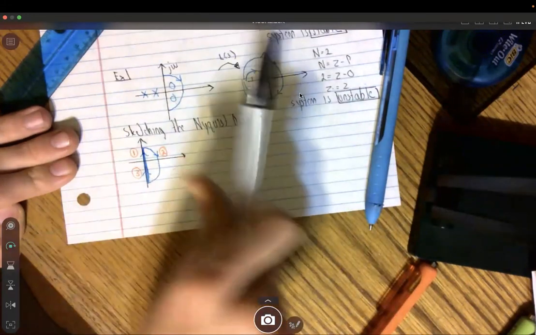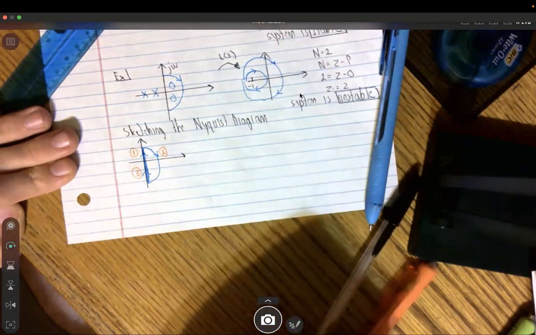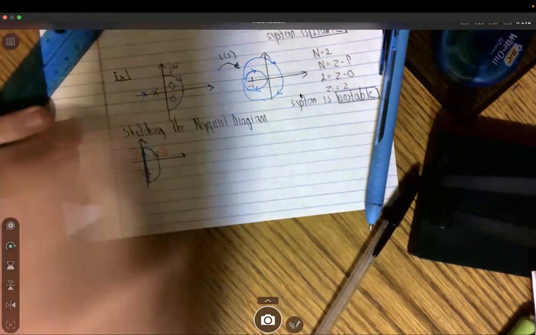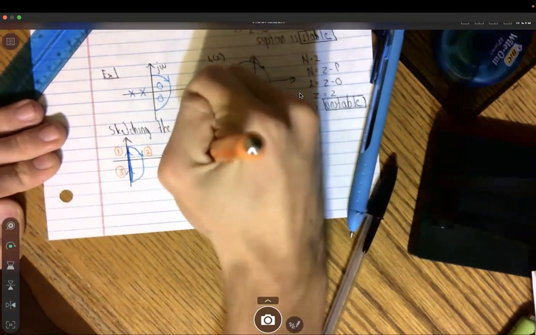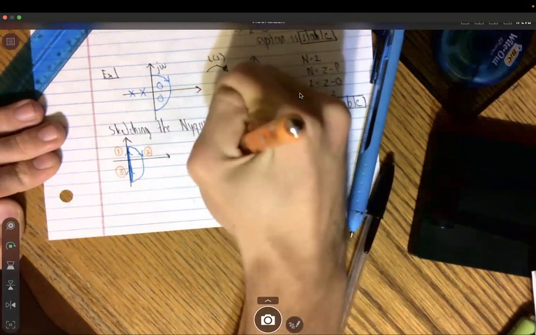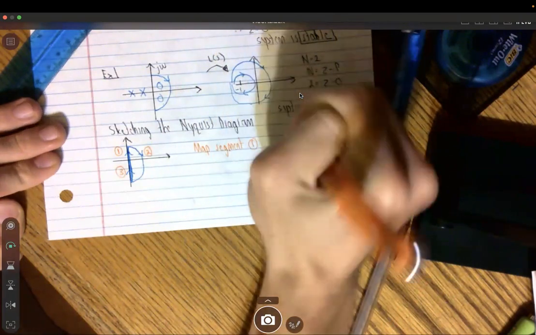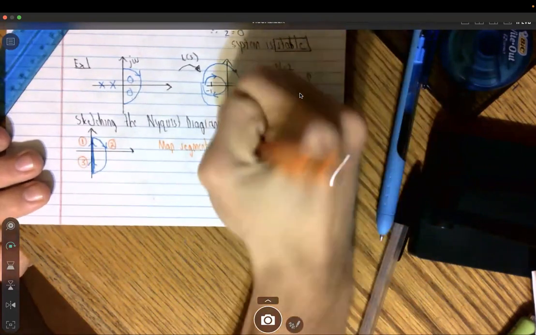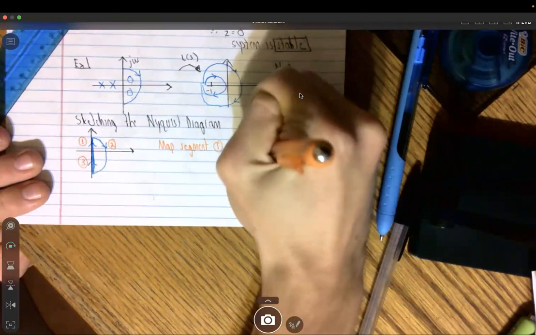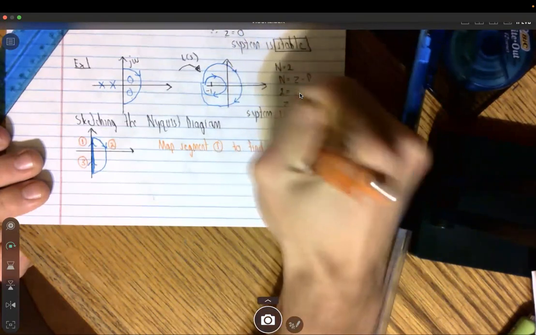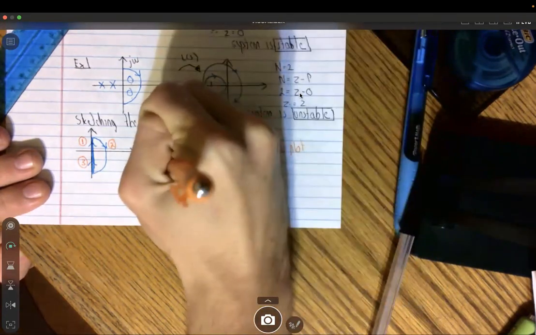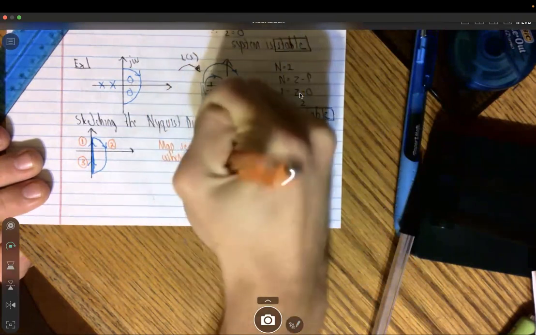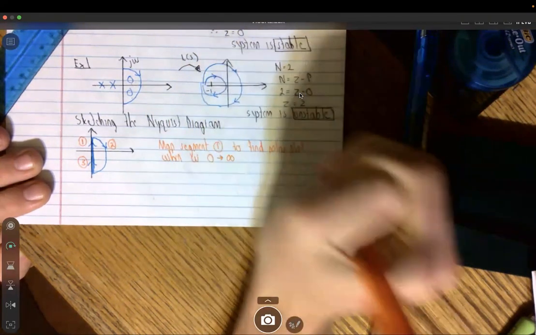So for segment 1, you map to find polar plots when omega goes from 0 to infinity.